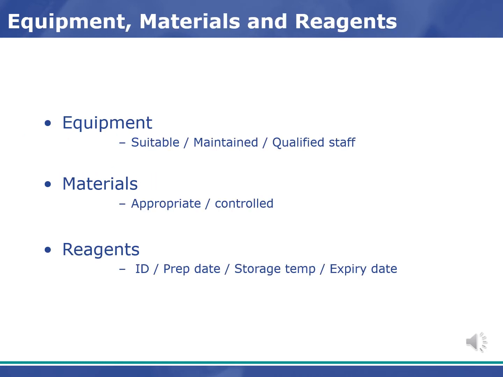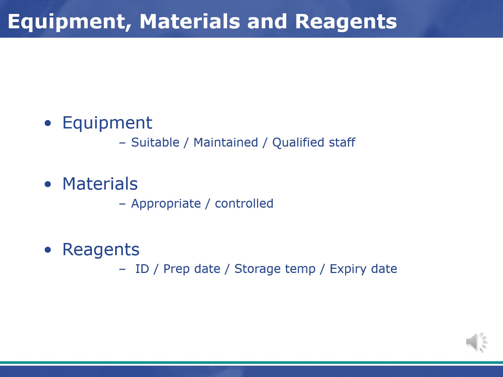When we look at the equipment, the materials and the reagents, the following is listed as a requirement. Equipment for any kind of clinical work should be suitable. It should be well maintained and operated by qualified staff. It's not only a simple case of deeming something to be suitable and well maintained. You need to have the documentation.